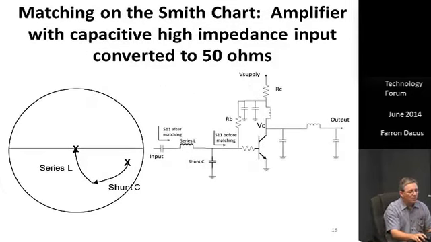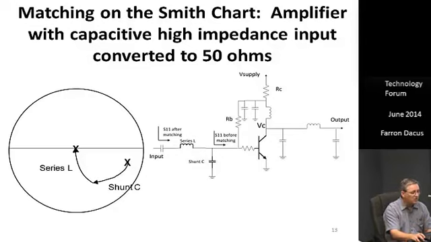Here I have a bipolar amplifier, which is set up with the Rs in a feedback bias scheme that kind of counters the variable beta of the transistor, with a hard grounded emitter, common practice to help keep things stable. Looking into this amplifier, if we were to put it on a network analyzer and look this way, we see this impedance, which is typically capacitive, and for signal amplifiers often above 50 ohms, and we want to move that impedance to where it's pretty close to a 50 ohm match.